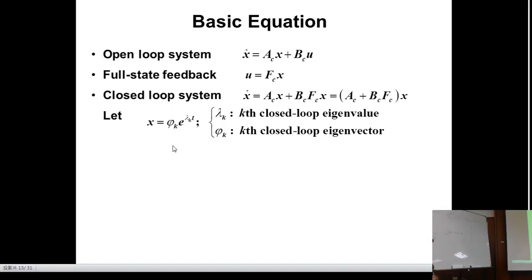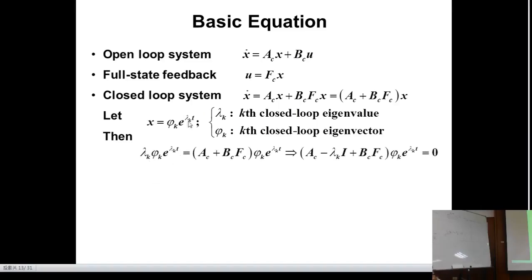I think you need to refresh your memory about that. Then, if I substitute this x into here, x dot will be lambda k psi k e^(lambda k t) equals (A_C plus B_C F_C) times psi k e^(lambda k t), right? Any problem? You need to follow me, otherwise you will get lost soon.